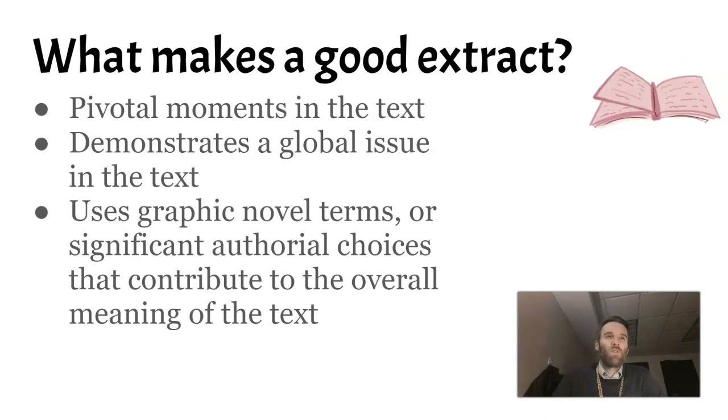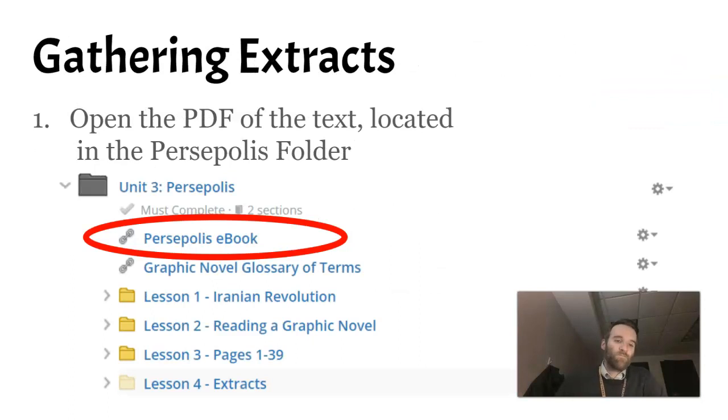Where is it most obviously seen? That would be a good extract. And anytime you see graphic novel terms, things we talked about like splash panels and contrast and different techniques used by the author, those are powerful times that contribute to the overall meaning of the text and help us know that that's a significant page.